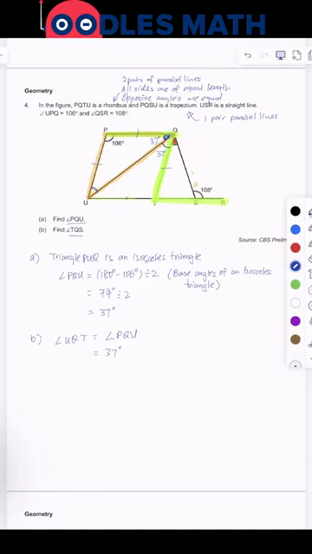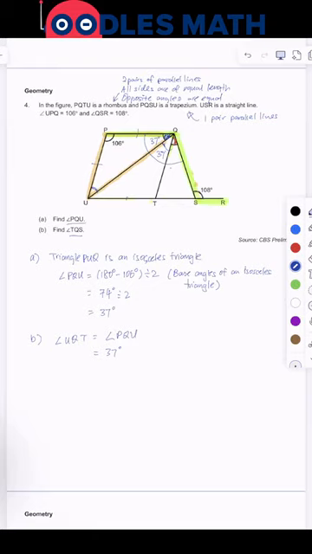Let me highlight this part here instead to make it very clear. So this forms two parallel lines that are cut across, and it forms an alternate angle. So this angle here is actually equivalent to 108 that you see over there.